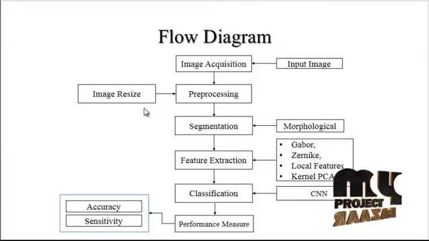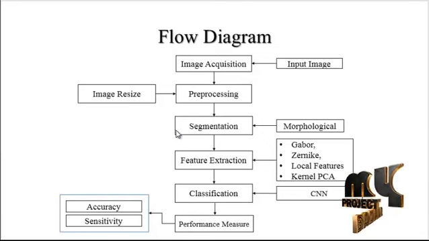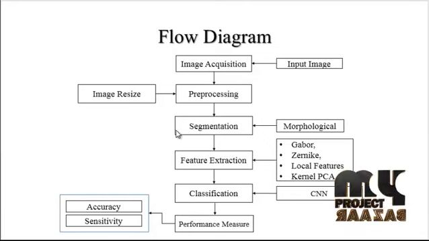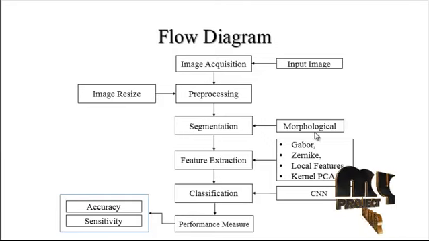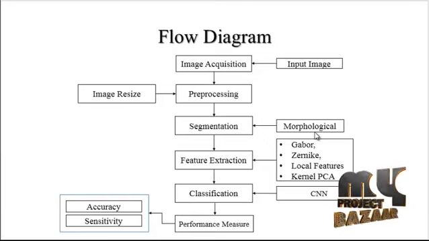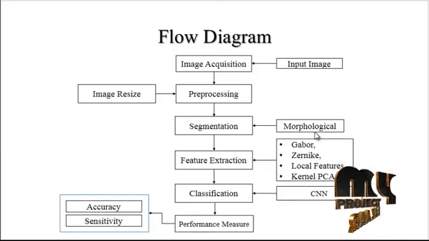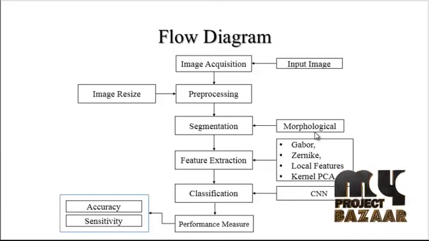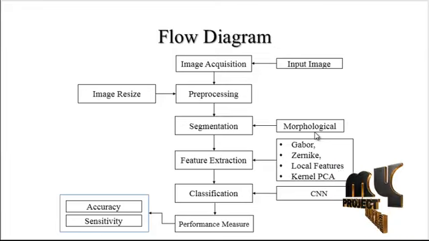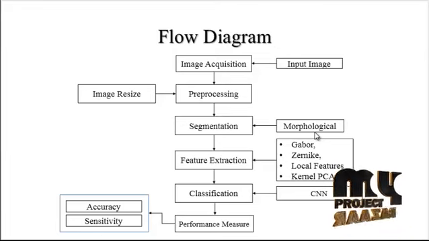After the image resize, we move to the third stage of the project, that is segmentation. In this segmentation, we are using morphological operators to segment the region. If changes are present, the particular regions will be marked and then segmented. Once the segmentation is done, the segmented images undergo feature extraction.